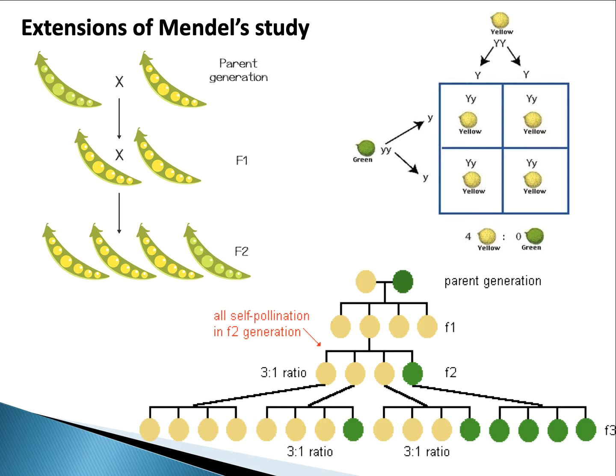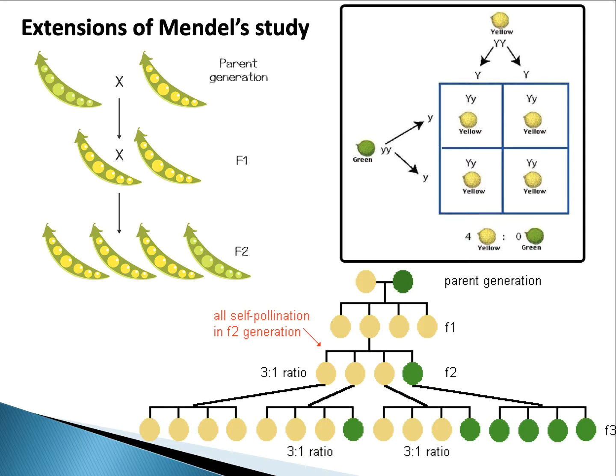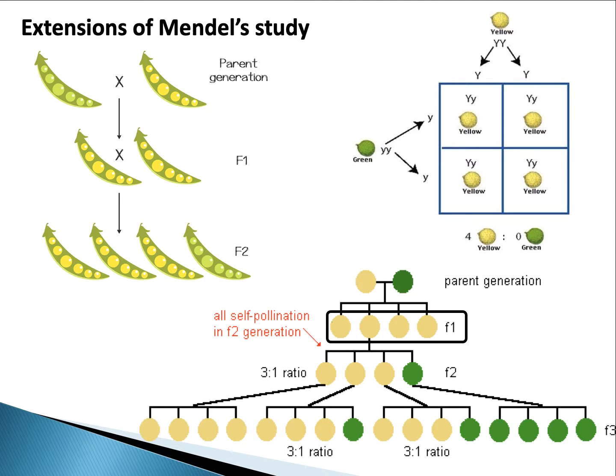So eventually he chose several characters that bred true. That is, if you allowed the peas to self-pollinate over many, many generations, the characters bred true. And then he could cross two pea plants that had different characters and then look in the first generation and the second generation of self-pollinated plants, how those characters segregated among the progeny.